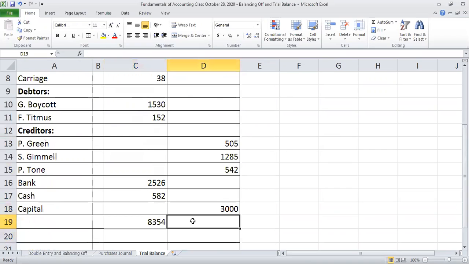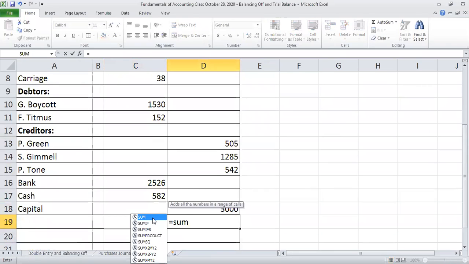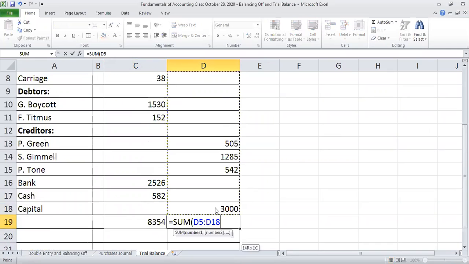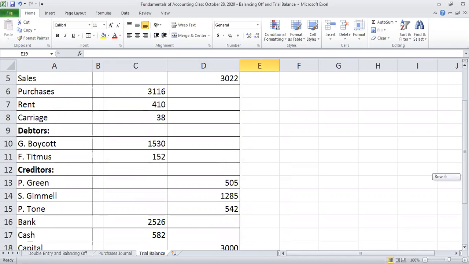We're going to have equals sum again, and then we add from the top right down to here, and check. Now it is correct. Therefore, the double entry that we did a while ago is all correct. The trial balance has balanced. Good.